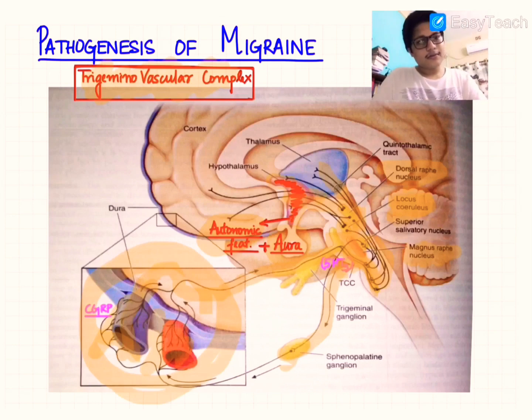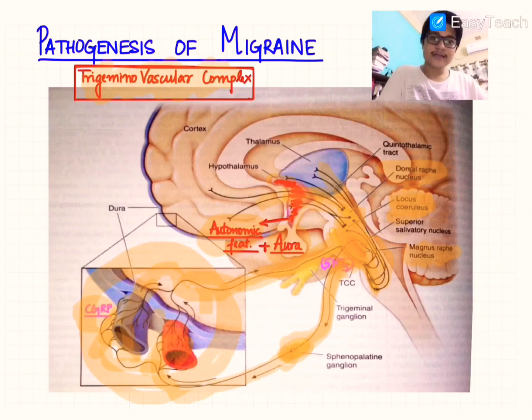So from this sphenopalatine ganglion, nerves further go back to these meningeal vessels, and over here they release a chemical that is CGRP, calcitonin gene related peptide, and all these neural connections in the trigeminal-vascular complex are primarily serotonergic.